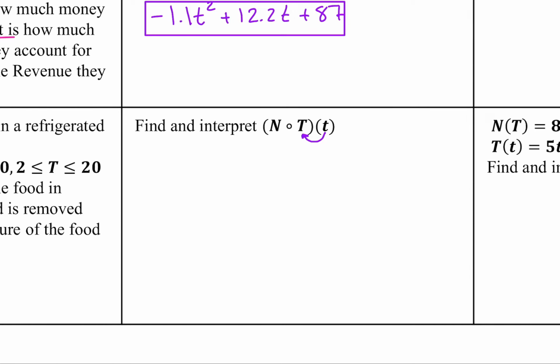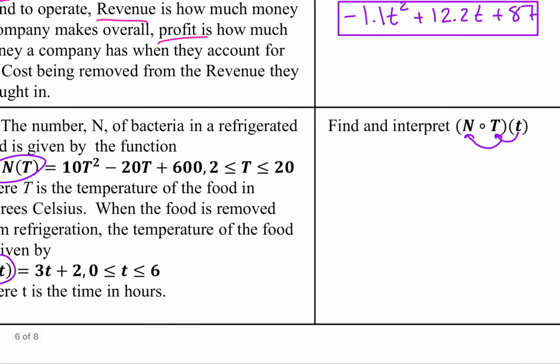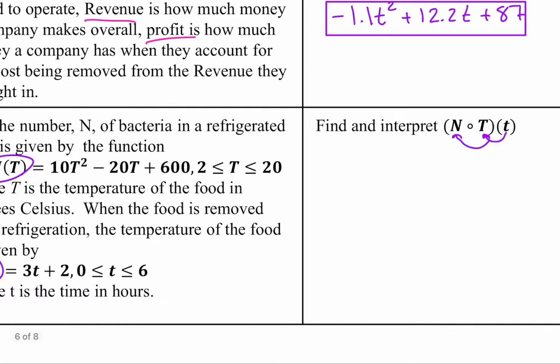So I'm plugging little t into the big T equation and taking whatever solution I get and plugging it into the big N equation. So remember, the way we do this is you take the equation of N, this first equation, negative 10T squared minus 20T plus 600.